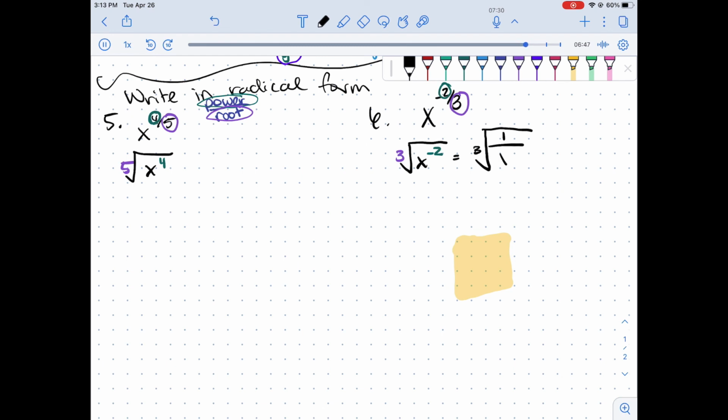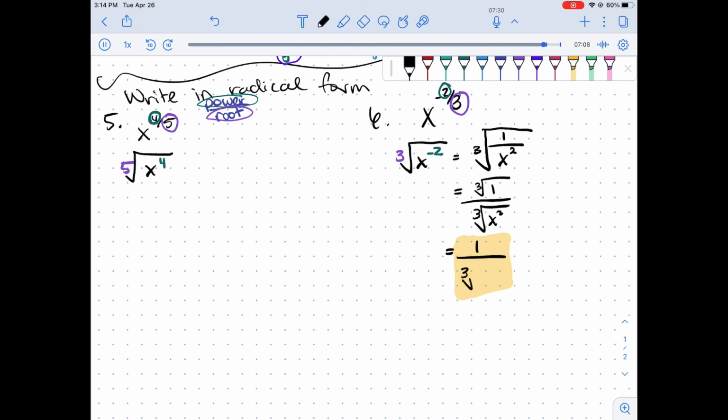So now I have the cube root of 1 over x squared, and I know the cube root of a fraction is the cube root of the top over the cube root of the bottom. And the cube root of 1 is just 1 because 1 times 1 times 1 is 1, and that's the definition of a cube root.